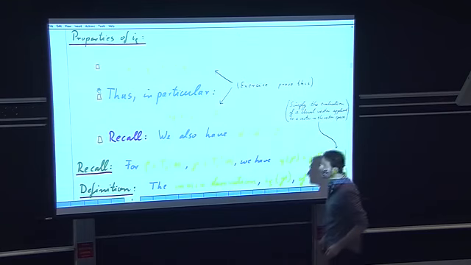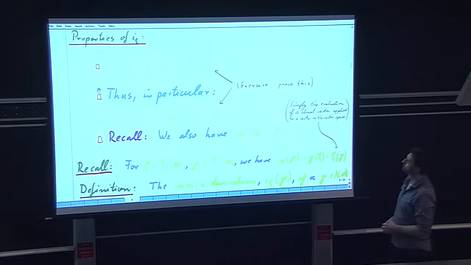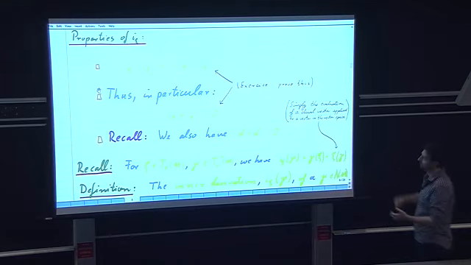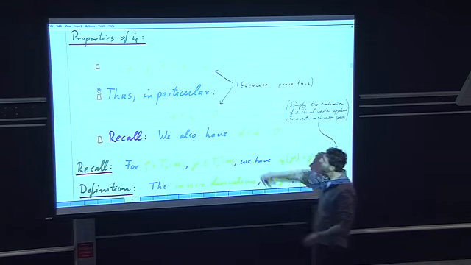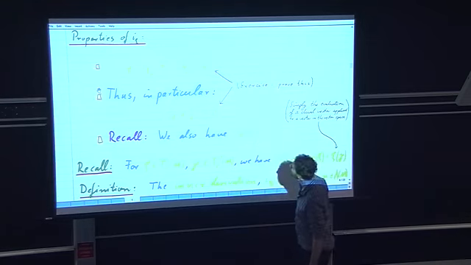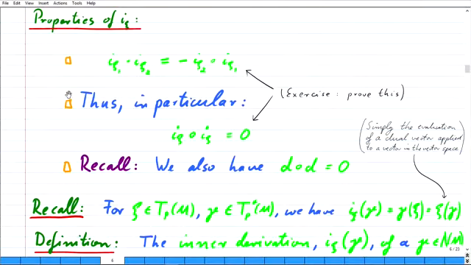This inner derivation has a few nice algebraic properties that I invite you to prove. For example, it's anti-commuting. For every psi, we get a different anti-derivation. It's direction dependent, and they anti-commute.